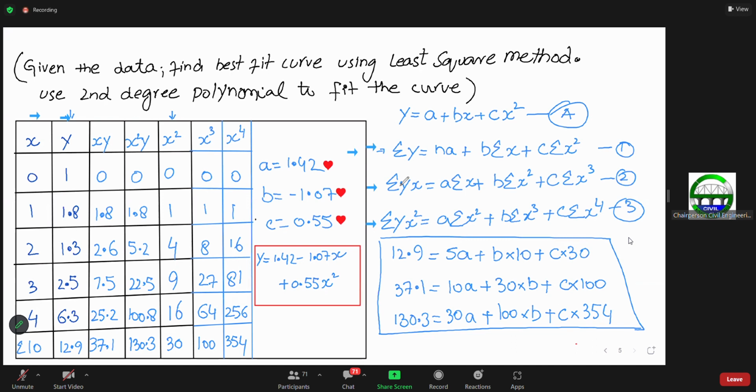Let's try to solve another example, and after that example, maybe we can use R Studio to do the same example using R. Okay, let me write another example.